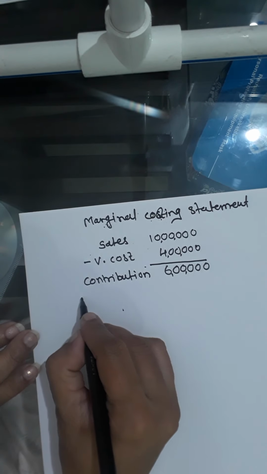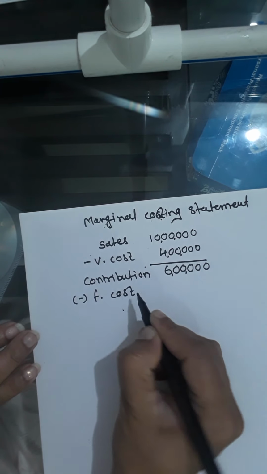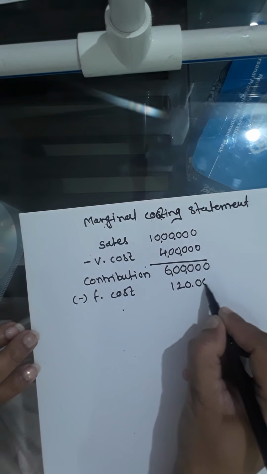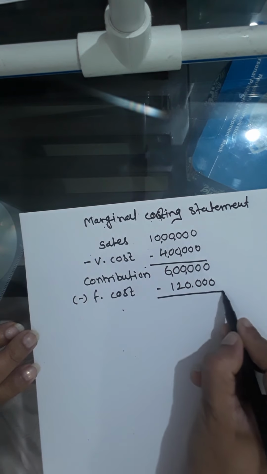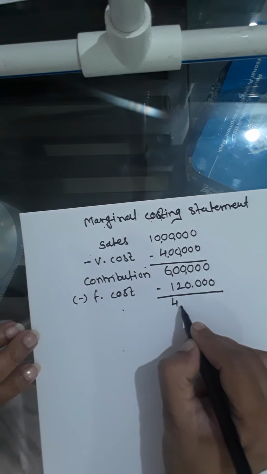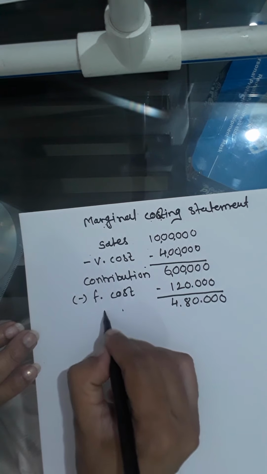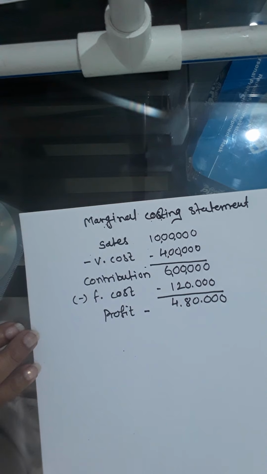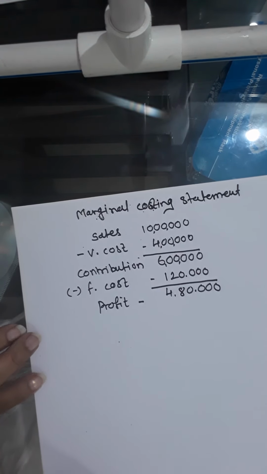From contribution we deduct fixed cost. Given fixed cost amount is rupees 1 lakh 20,000, that we will deduct from the contribution, and after deducting this fixed cost we got rupees 4 lakh 80,000 as profit. This is our marginal costing statement. This will help us to solve the further example.